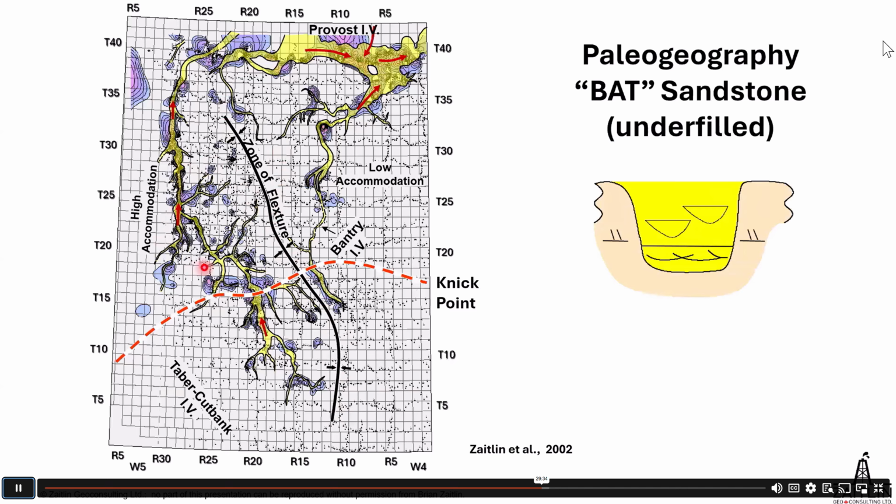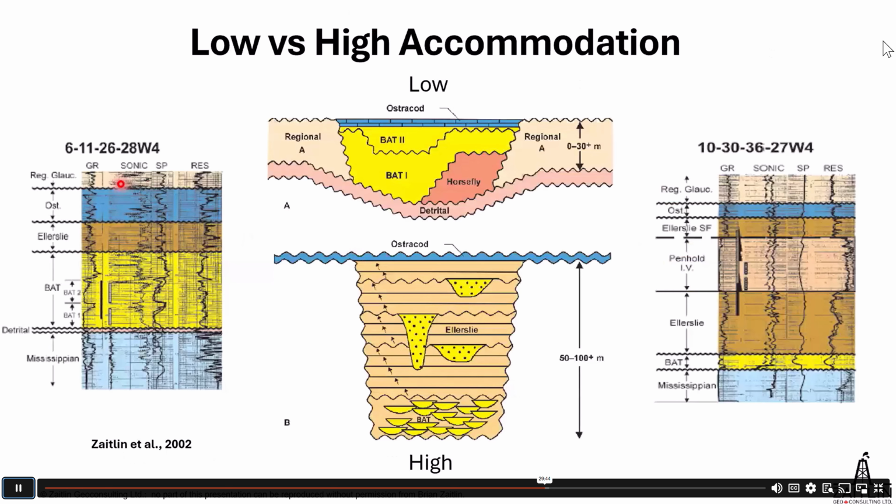And this was in the area here where we had high accommodation, which was north of the Nick Point, but west of the zone of flexure in through there. And that's when we began to get relatively thick sections of both Bat and Ellerslie associated within those units.